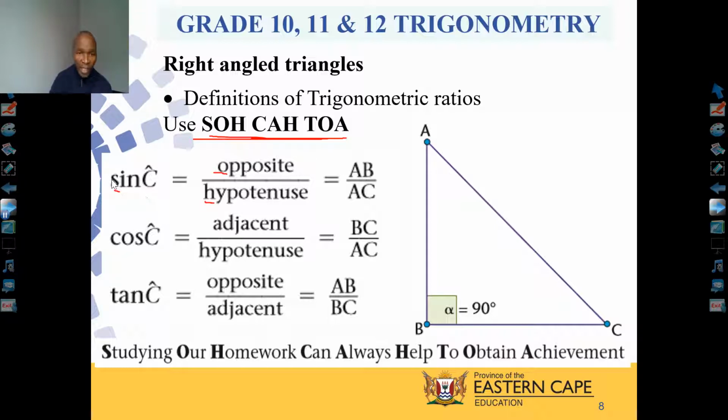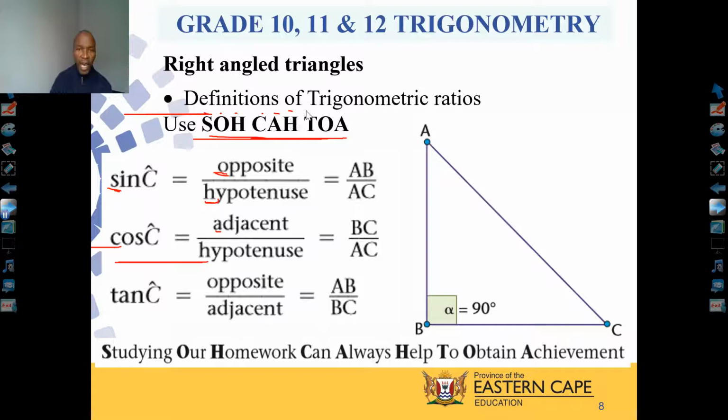That is where this SOH comes from. And then CAH means cos is equal to adjacent over hypotenuse.